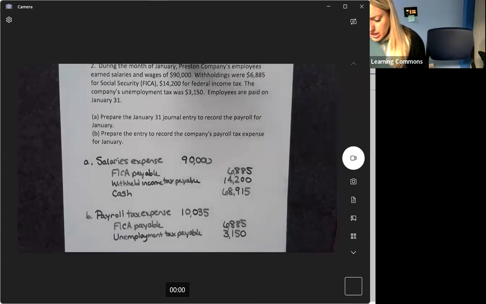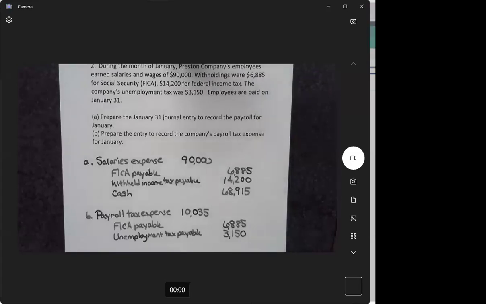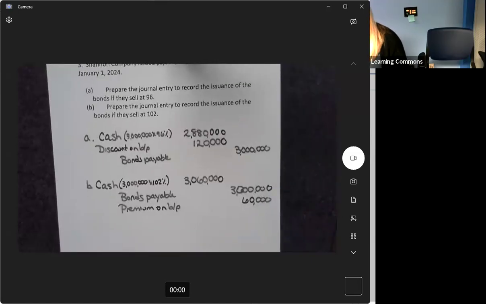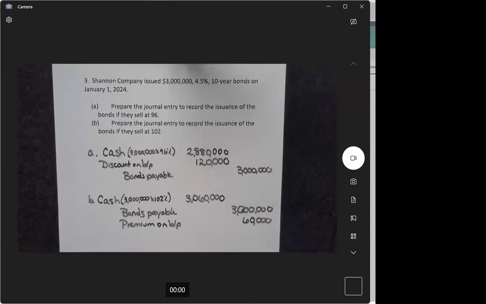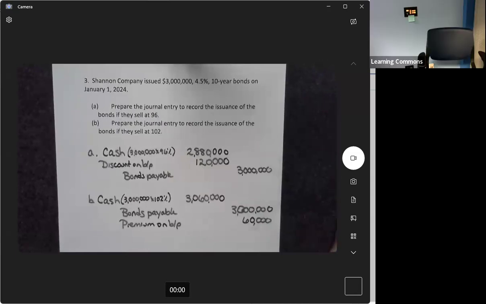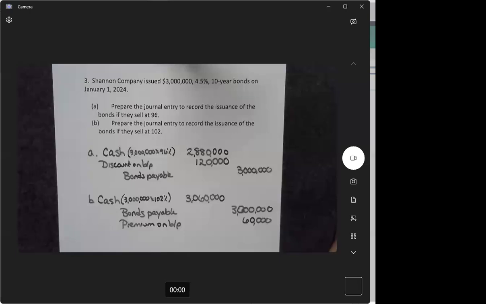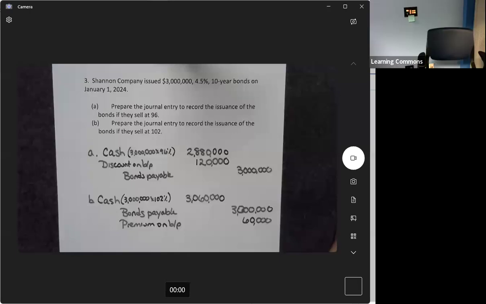Okay. The other big calculation thing as we think about Chapter 10 relates to bonds. And when it comes to bonds, you want to make sure from a conceptual standpoint that you understand why bonds would be issued at a discount or a premium.